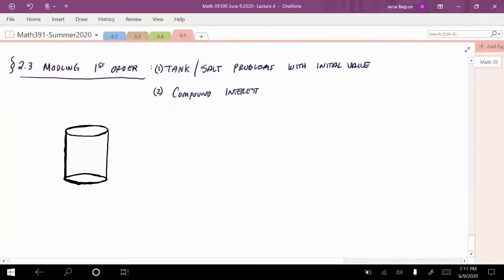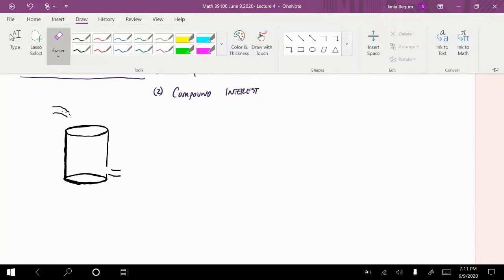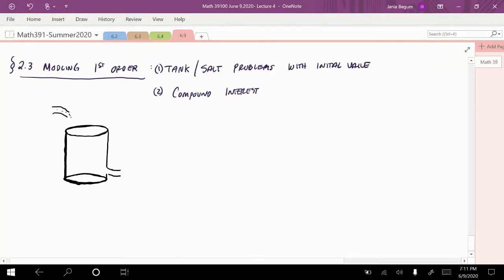So suppose you have a tank and you have a liquid coming in and you have liquid exiting the tank, right? So I should really erase this part. So here we have a portion that allows the liquid to exit, and we have a liquid coming in.